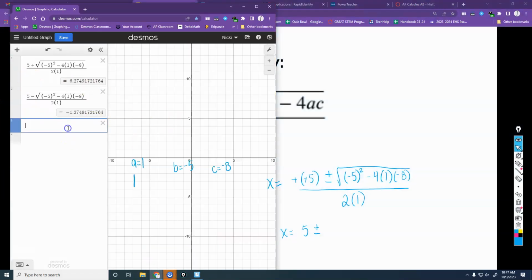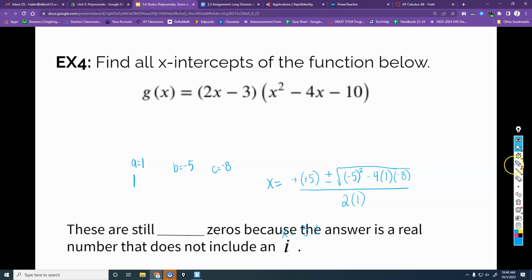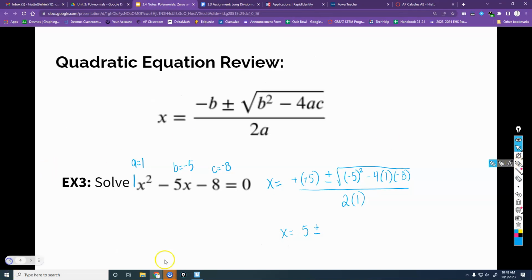We can do just the -5 squared minus 4 times 1 times -8. Just the stuff under the square root, we get 57. Square root of 57 all over 2.